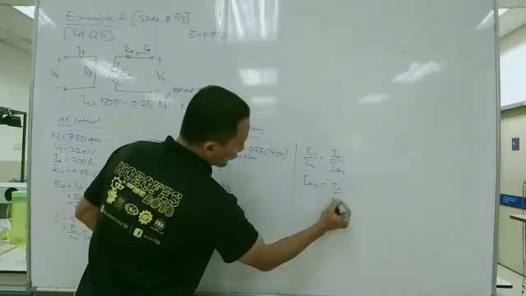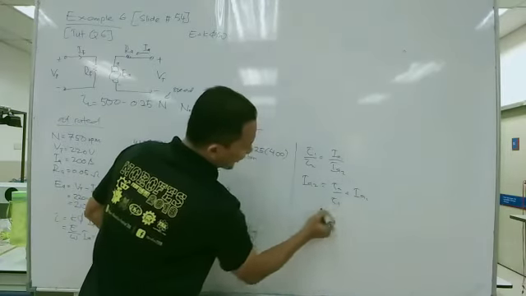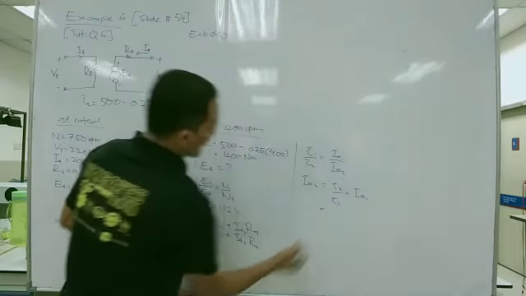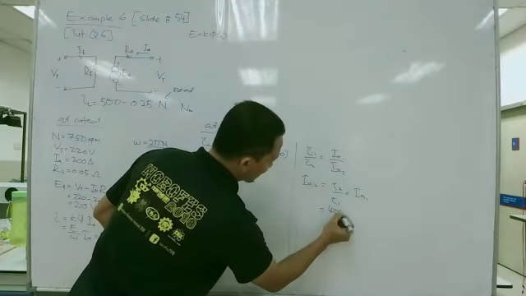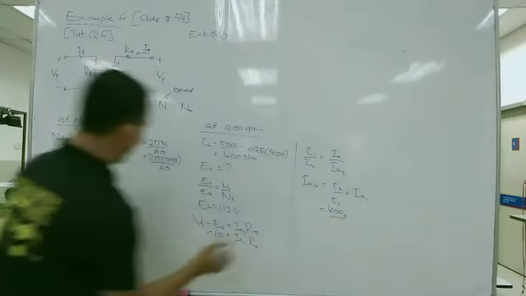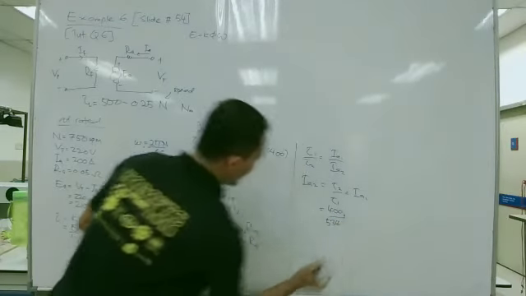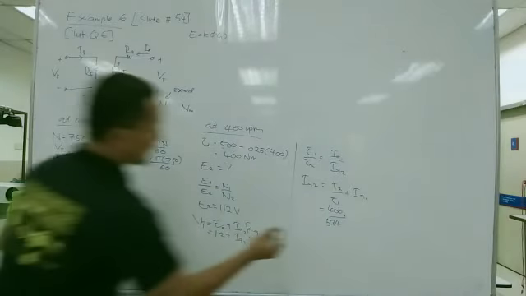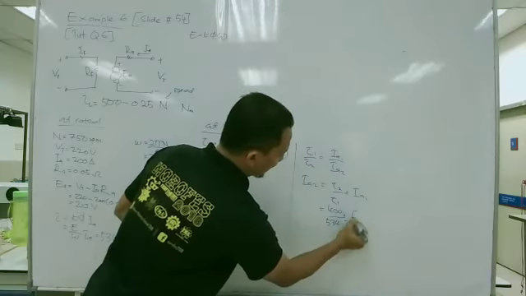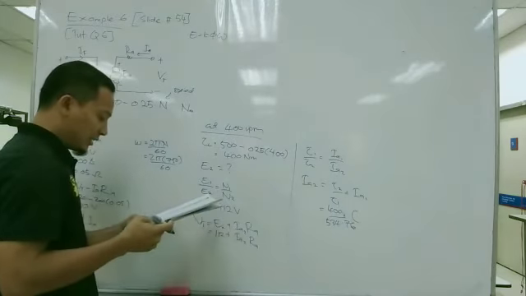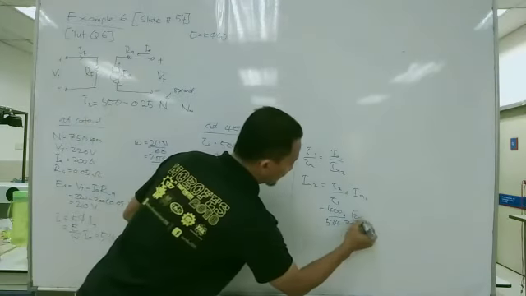So Ia2 equal to torque 2 per torque 1 times Ia1. Torque 2 is torque L, which is 400 Newton meter, divided by torque 1, 534.76, times Ia1, where Ia1 equal to 200.